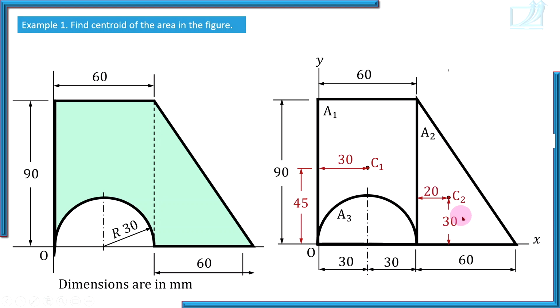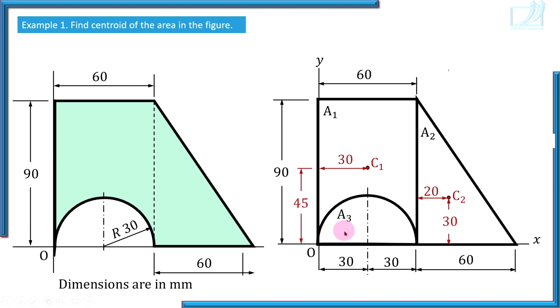Remember once again, these are not coordinates of C2. These are distances of C2 from edges of the triangle. These are not coordinates, but these dimensions are going to help you to find coordinates of C2. So, first of all, knowing formulae for location of centroid, knowing position of centroids of standard shapes, locate centroid of each and every standard shape.